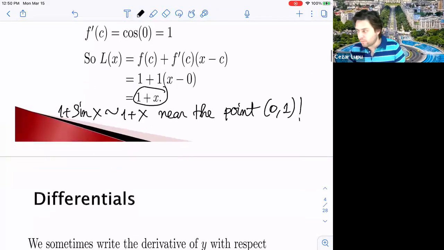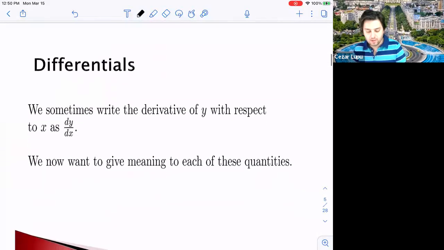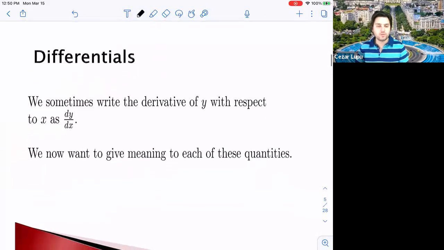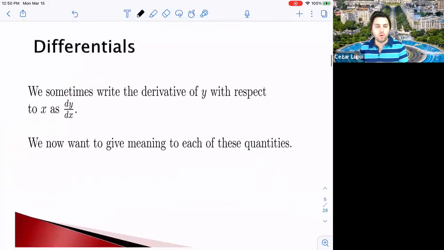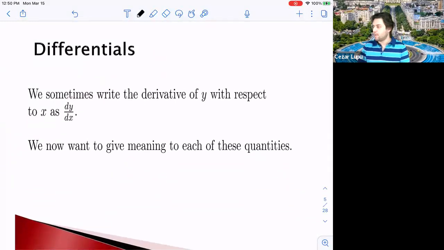All right, now let's talk about differentials. We have talked about what dy over dx is, but I would like to touch this subject because it has a lot of depth into it. Over the course of this week, we would like to see what this dy or dy over dx actually means.